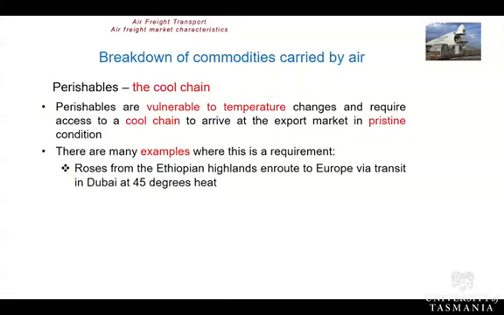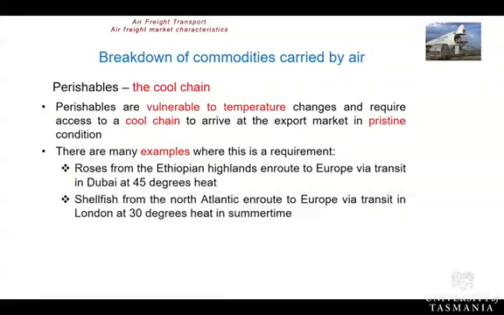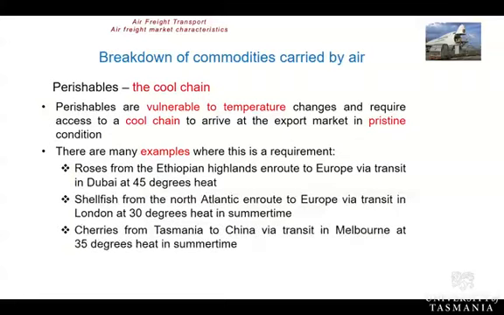So you need to maintain that cool chain as you move those goods onto a new aircraft to take it to its final destination. And the same goes for shellfish, same goes for cherries, and the same goes for pharmaceuticals. So you need to have the expertise and the ability to facilitate that on behalf of your customer.